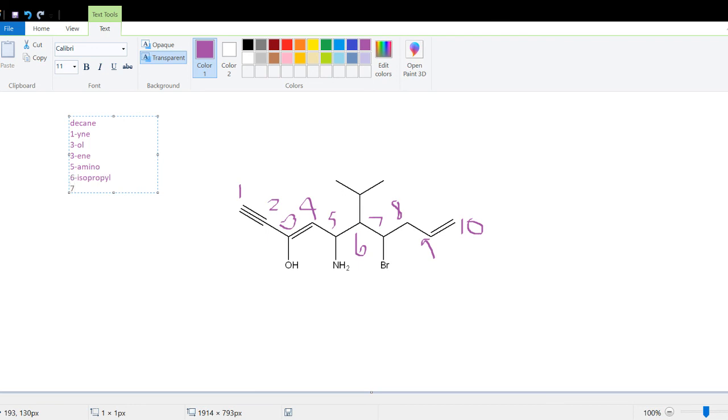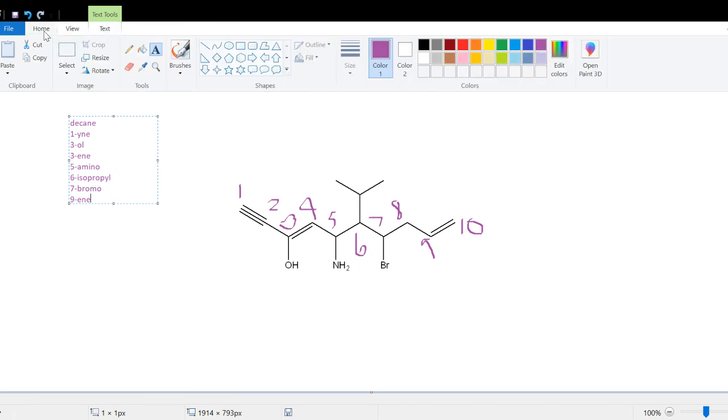Can't read my handwriting. At carbon 7, there is a bromo. Carbon 8 remarkably has nothing, and carbon 9 has an alkene as well, so we have a diene. Also on carbon 3, the alkene right there has some stereochemistry that we need to look at.